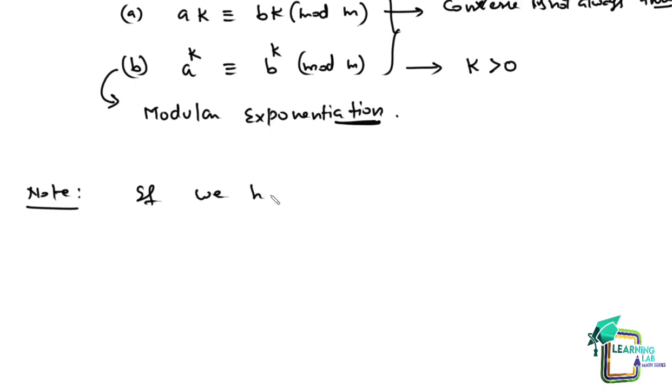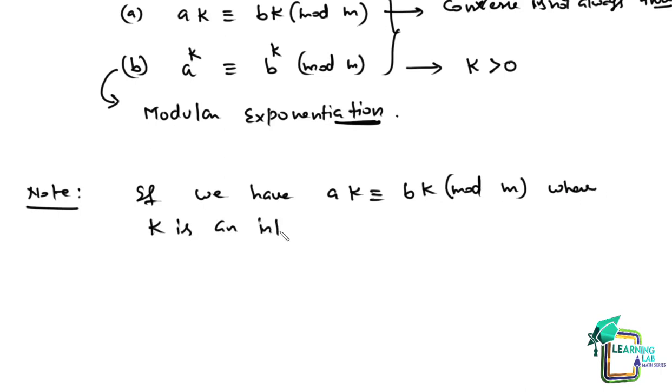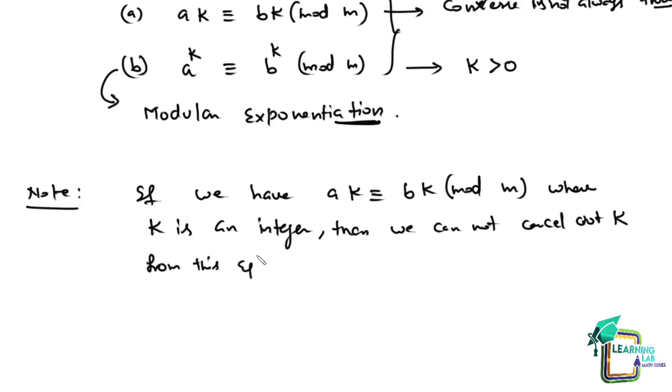If we have AK is congruent to BK mod M, where K is an integer, then we cannot cancel out K from this equation.